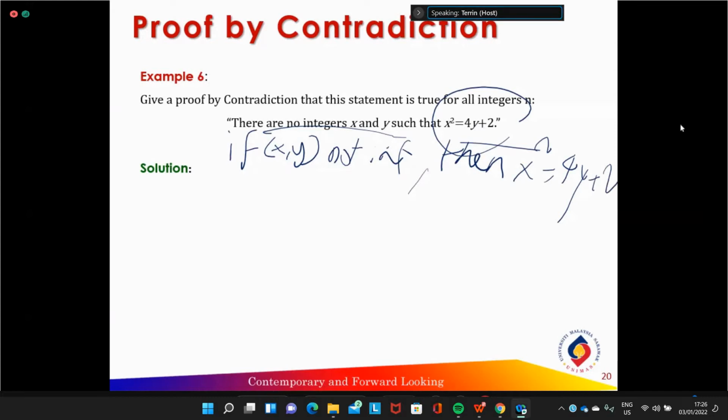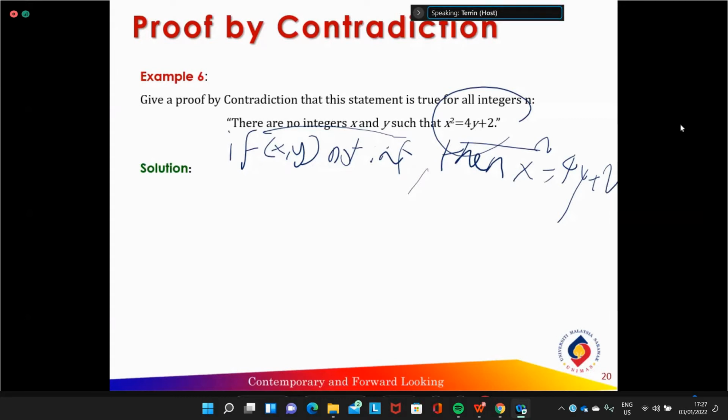If we're going to use contradiction, what are we going to assume? Do we always assume the conclusion, the consequent, as false and then prove for p? Or do we prove the negation of p is true and then show that the conclusion is not true? You can do either way. That's where it becomes confusing when you look at certain books.